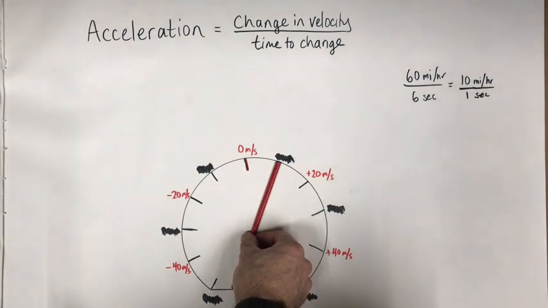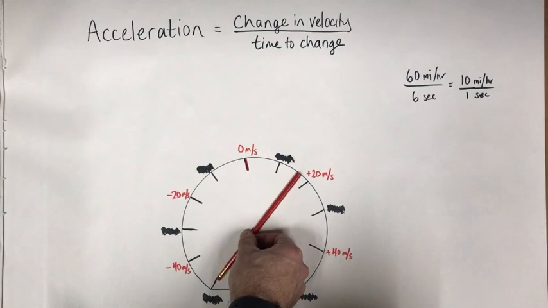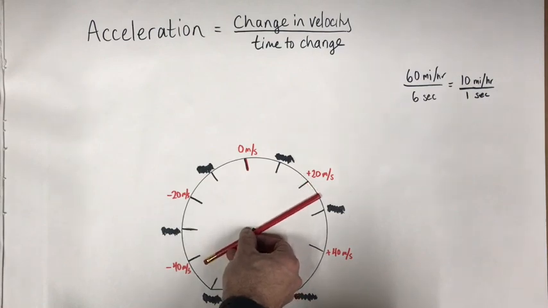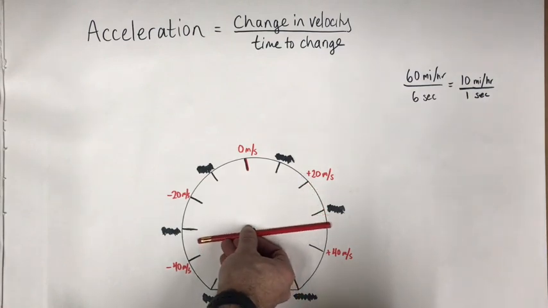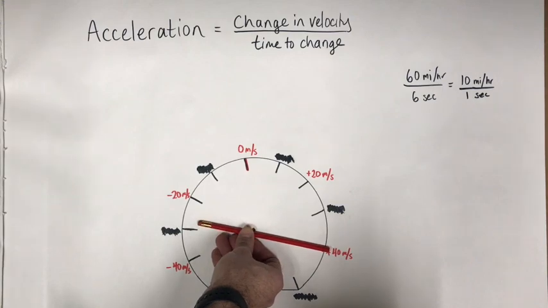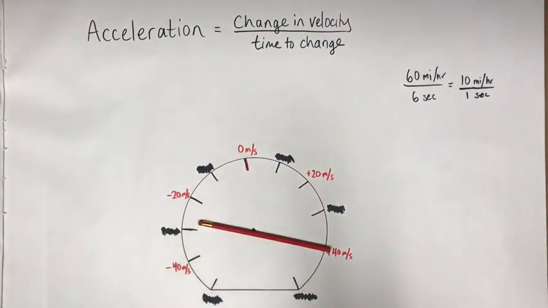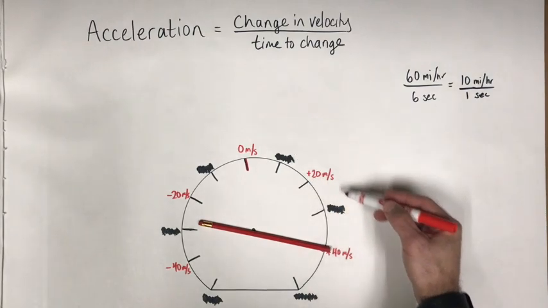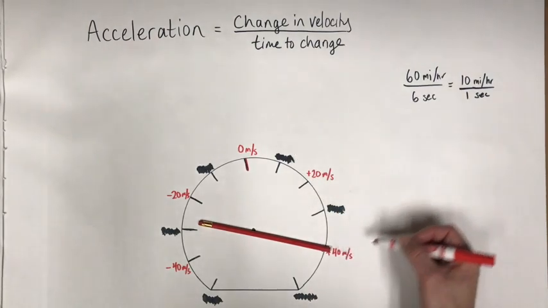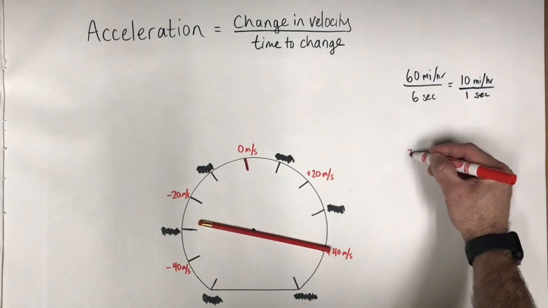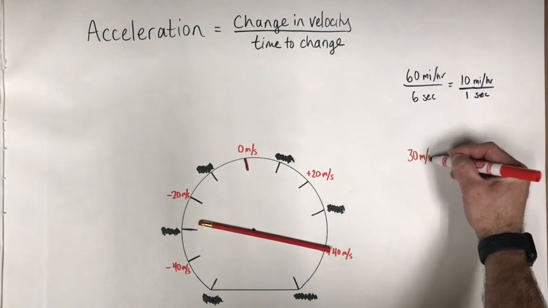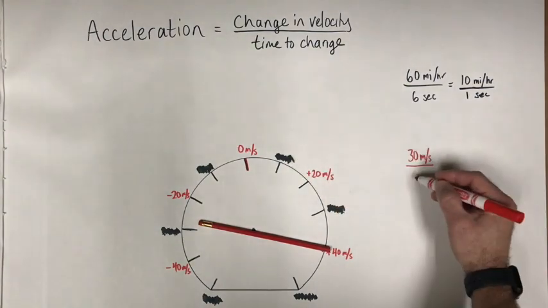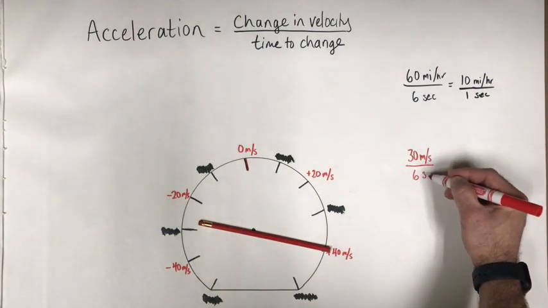The driver stomps on the gas and it does something like this. 1 1000, 2 1000, 3 1000, 4 1000, 5 1000, 6 1000. Okay, so this time the car went from 10 meters per second up to 40 meters per second. That would be a change of 30 meters per second, and it took 6 seconds to do that.